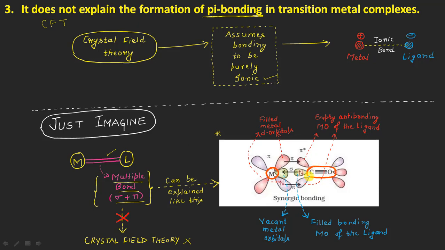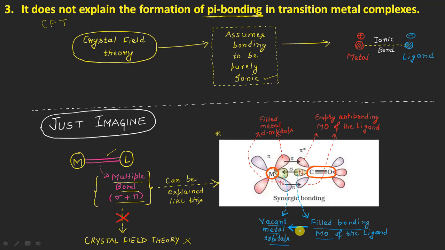So now what you can see here is that when the ligand is donating electrons from its filled bonding molecular orbitals, it will result in the formation of a sigma bond, because the electrons are going towards the vacant metal orbitals. So the bond direction, as I can show here, is in this way.